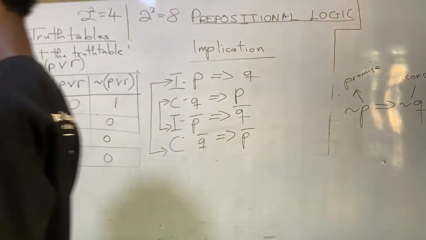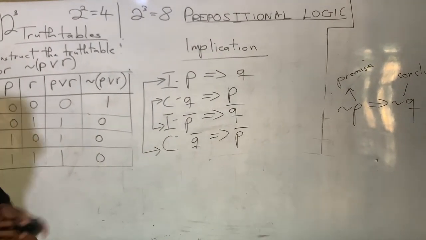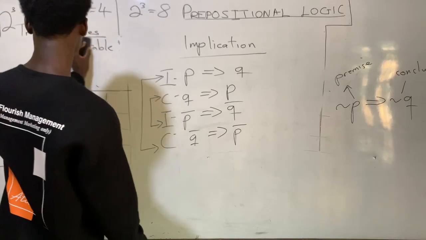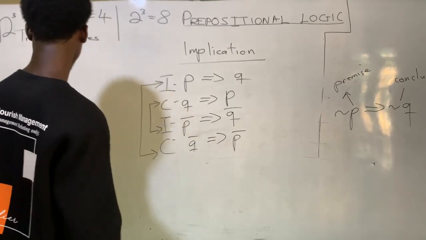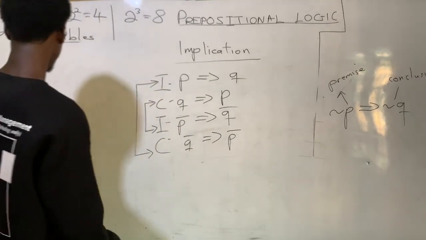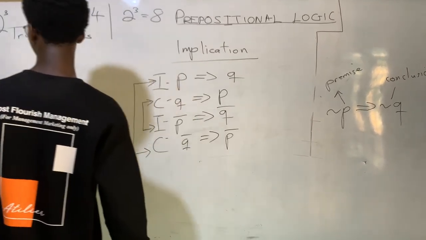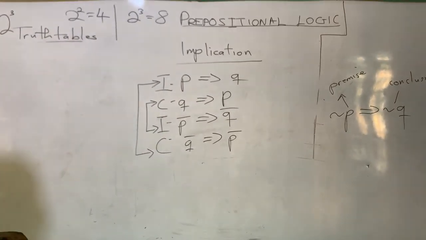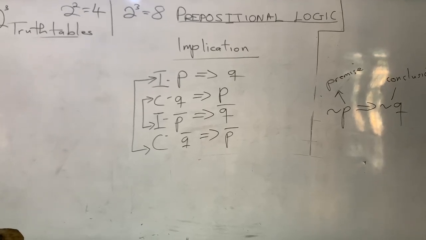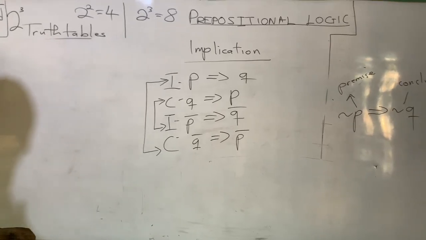So how are we going to construct truth tables for those? Let's work on it. So if I say, okay, let me set my own question.